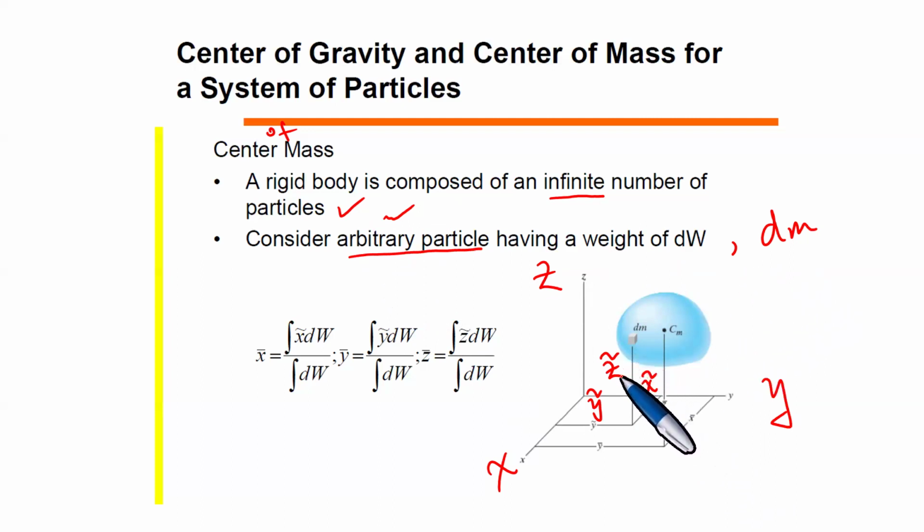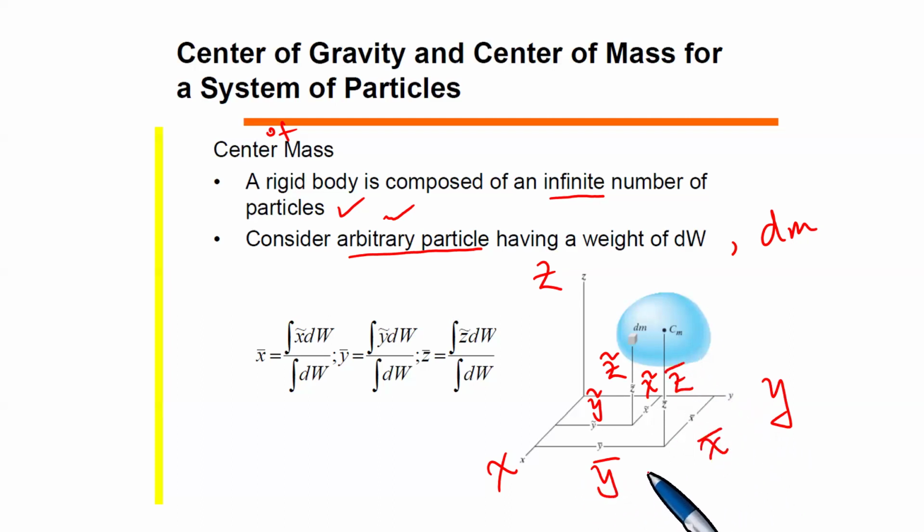Now we can find the center of gravity for this object and the center of mass. They coincide, please. They are the same, the center of gravity and the center of mass for the object we study. So now we have y bar, x bar, z bar.